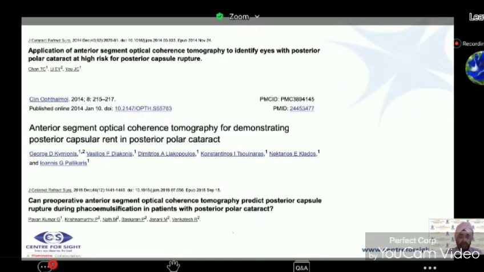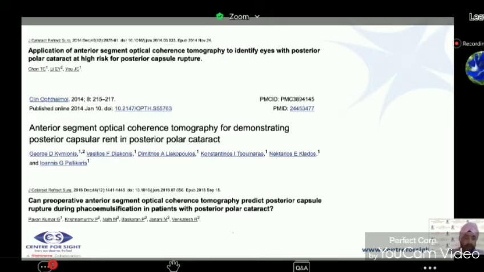Now, there are various studies to show this. Chan and Lee et al. have shown that application of anterior segment OCT can identify eyes with posterior polar cataract, and this can be done even pre-operatively. Also, there have been studies by Kymionis et al. which have shown that anterior segment OCT can demonstrate posterior capsular rents.